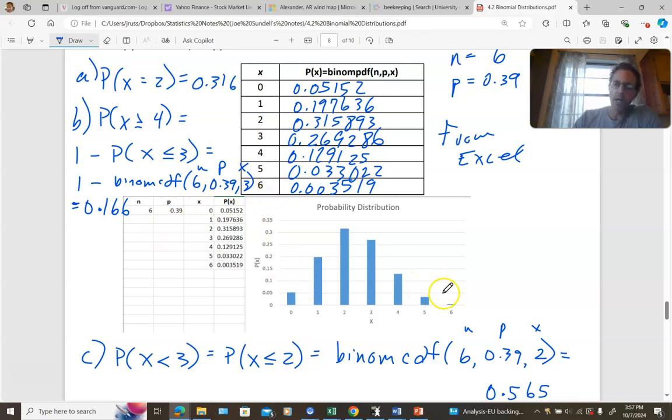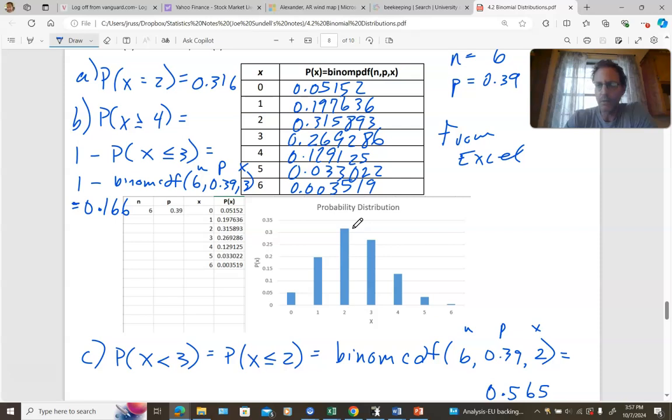This is what a probability distribution would look like. The heights of these bars represent the relative probabilities that x would assume any of these 7 different values. You can see most of the probability lies right here at 2, which is close to the expected value.